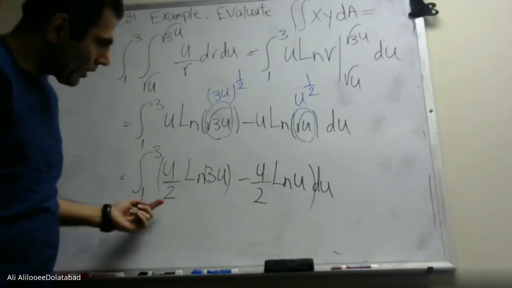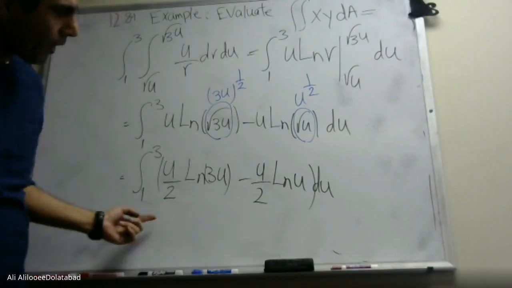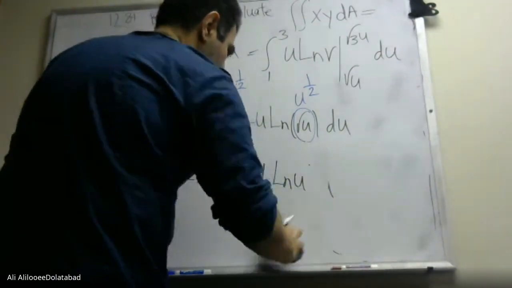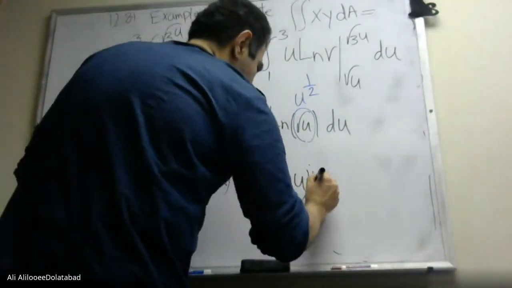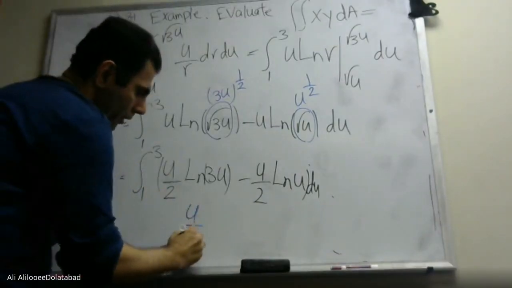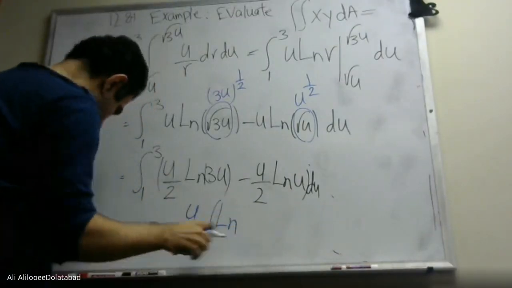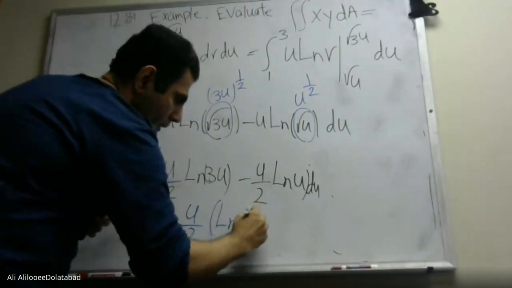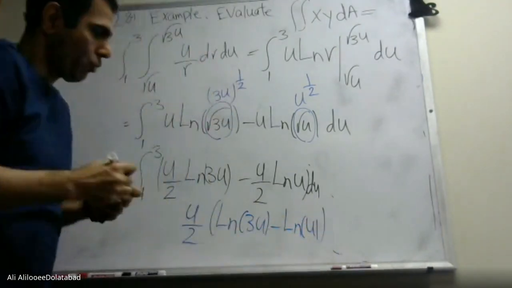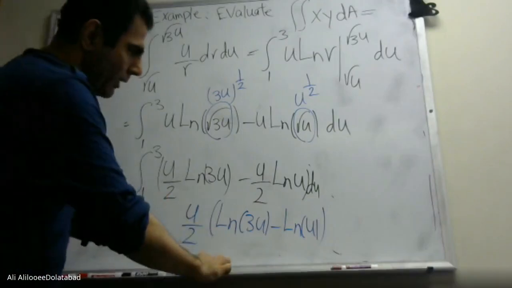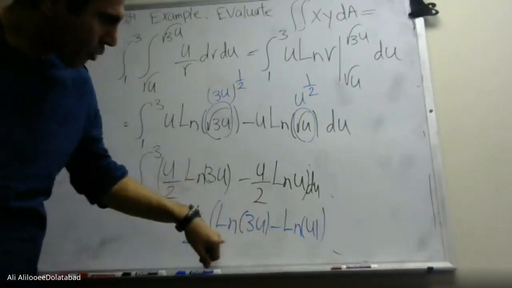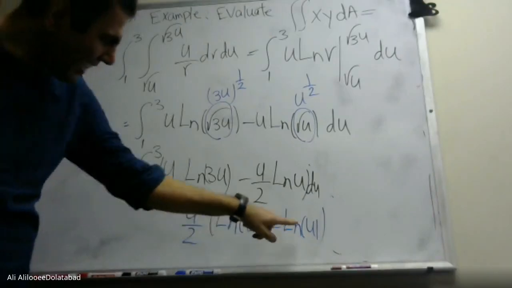So then see, u over 2 is in common. Then you can factor it out. This guy can be written as u over 2 times ln of 3u minus ln of u. And from high school, we know that when you have a subtraction of logarithms, you can divide.